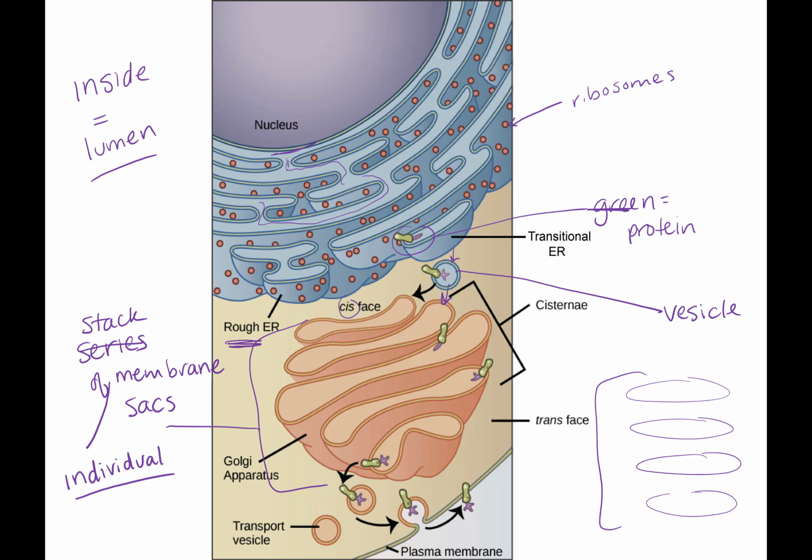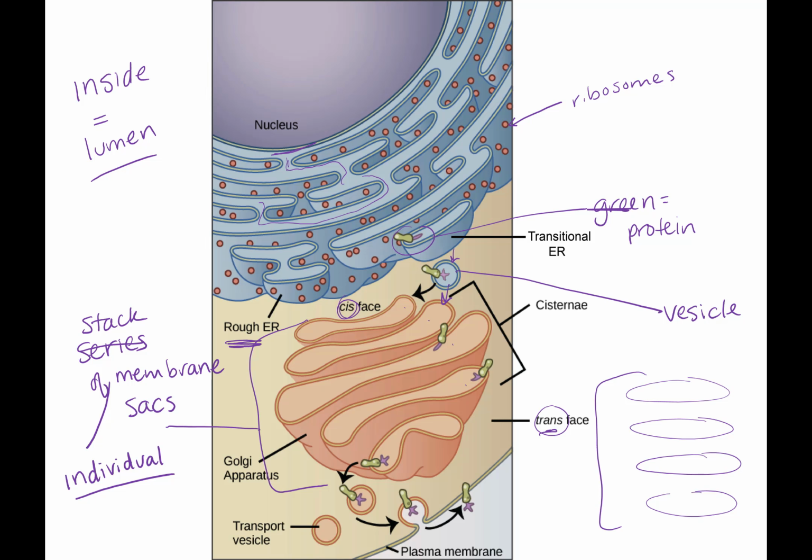So the cis face, which is closest to the rough ER, these sacs have different functions for protein modification and lipid modification and sorting than the trans sacs do. And trans is furthest from the ER and closest to the plasma membrane.